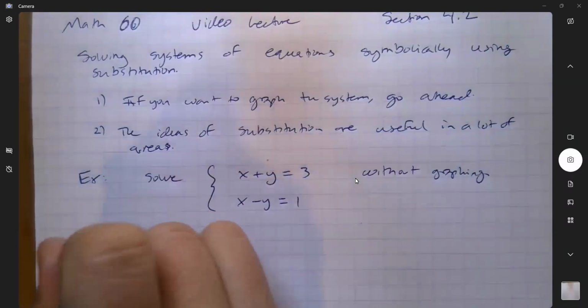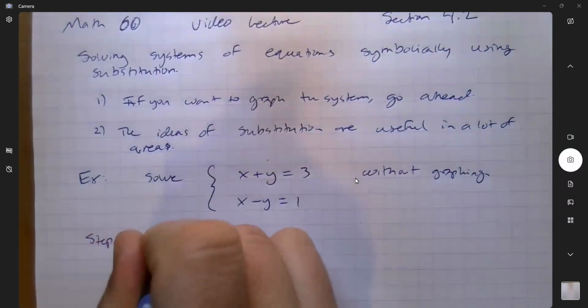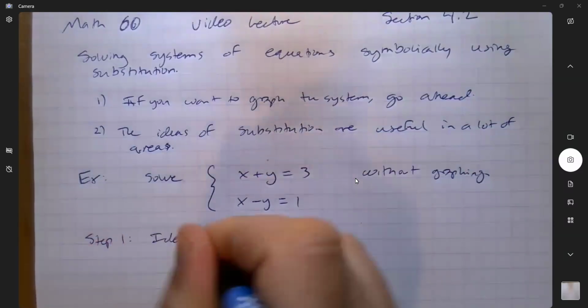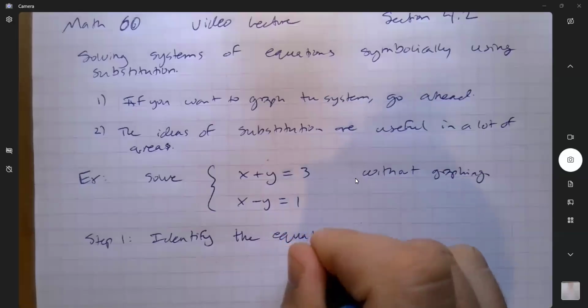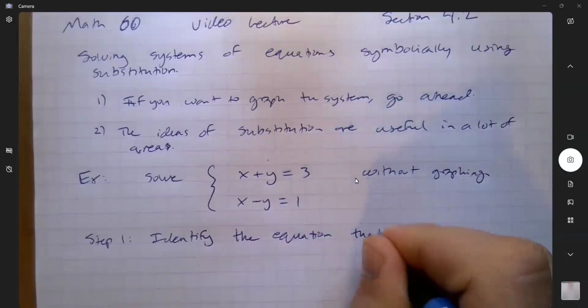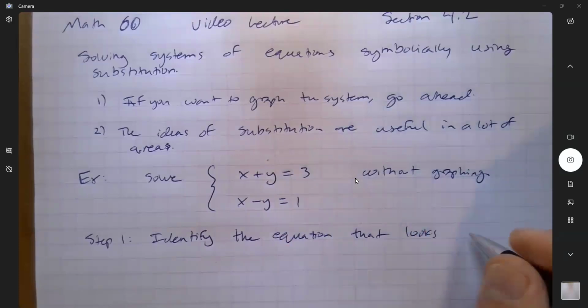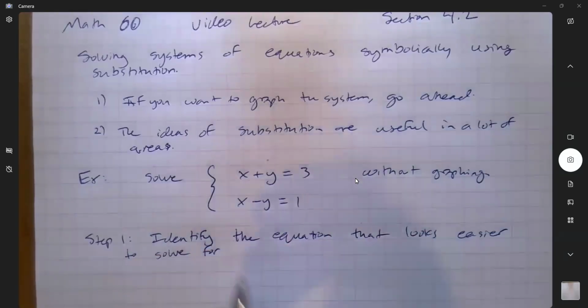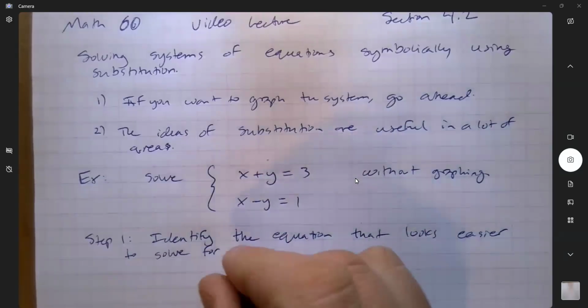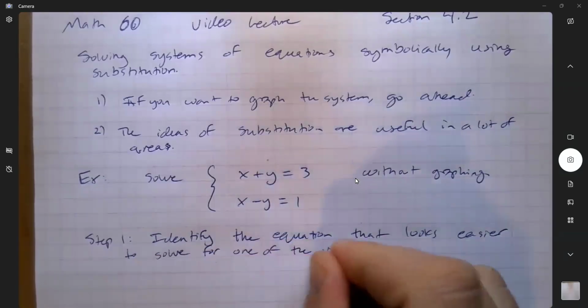Step 1 is identify the equation that looks easier to solve for one of the variables. We're not going to be able to figure out what that variable number is, but we can at least isolate it.